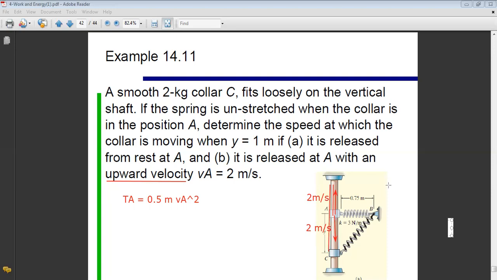On the other hand, if you go directly from A to C, your path will be shorter and you will lose less energy, because non-conservative forces are path dependent. They depend on the trajectory.